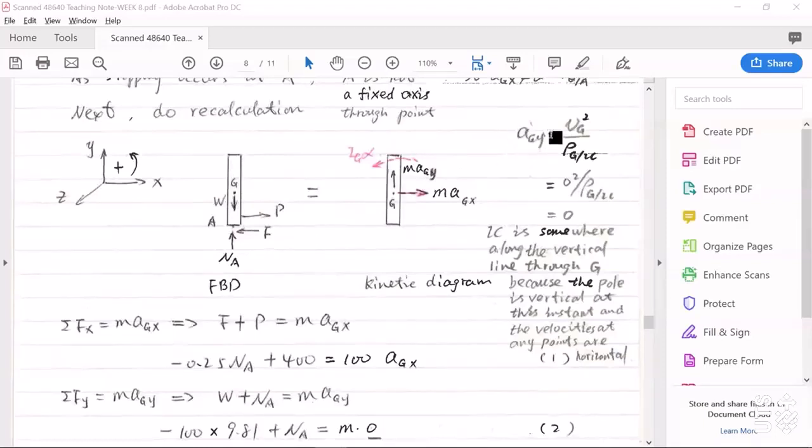And we can calculate AGY using VG squared divided by the distance from G to this IC. Because at this instant, the slant rod is still at rest, so VG must be 0. So that means AGY will be 0.